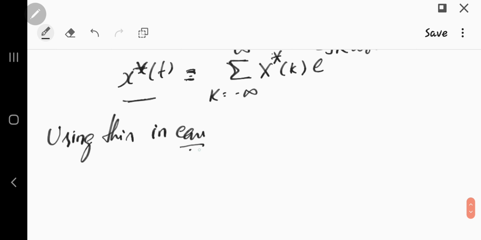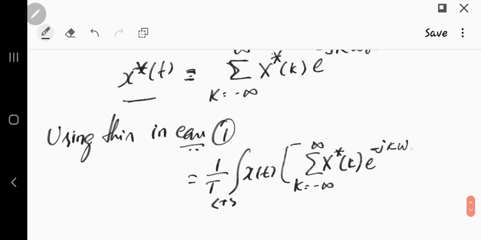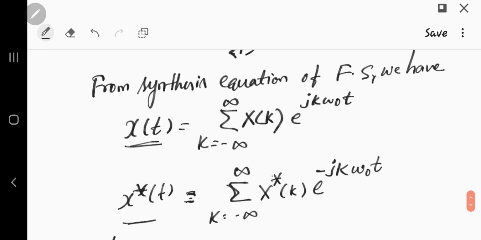In equation 1, we have 1 by T integral of x of t, summation k equals minus infinity to plus infinity x star of k e power minus j k omega naught t, dt.